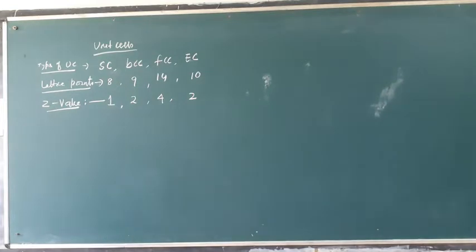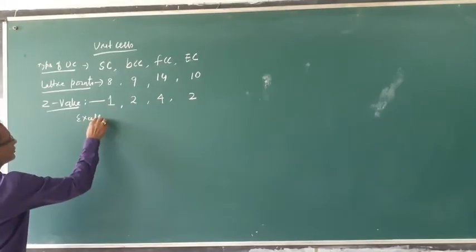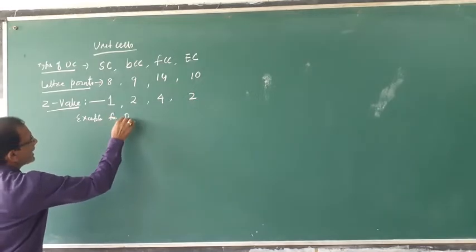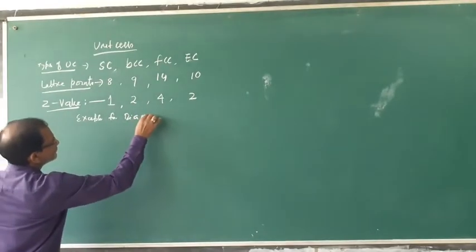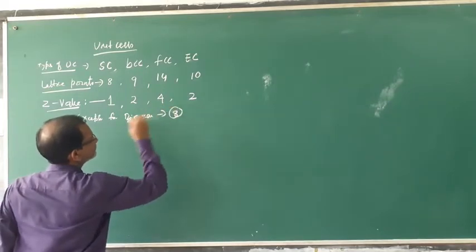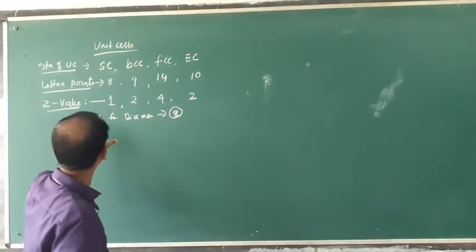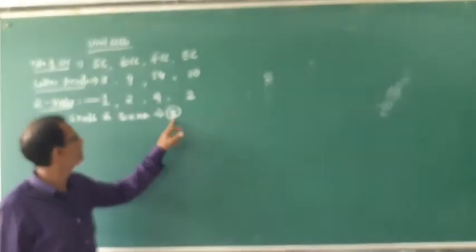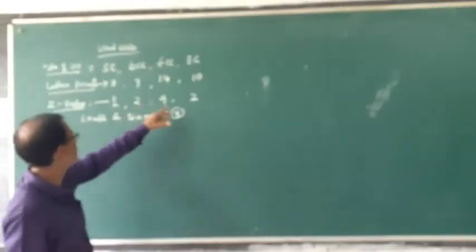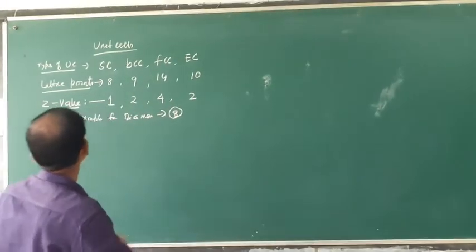This is the Z value. But there is an exception for diamond, which is 8. This is very important. For diamond crystal, the Z value is 8. And for the other types of crystal, it is 1, 2, 4 and 2 as given.